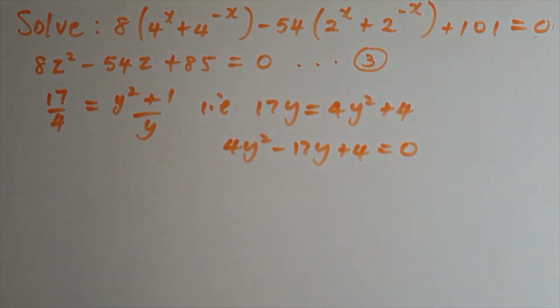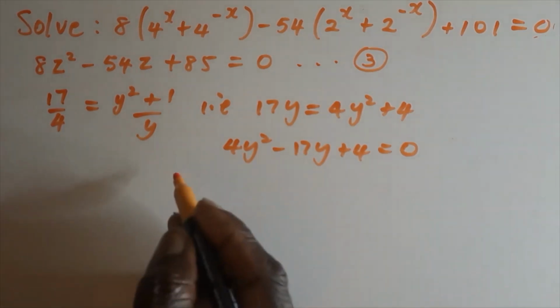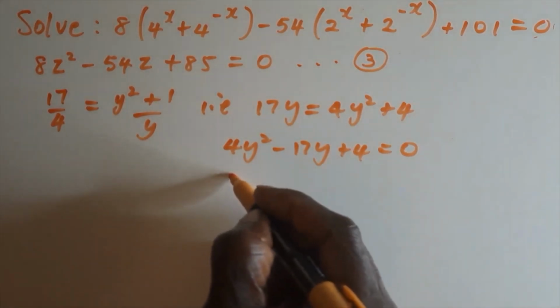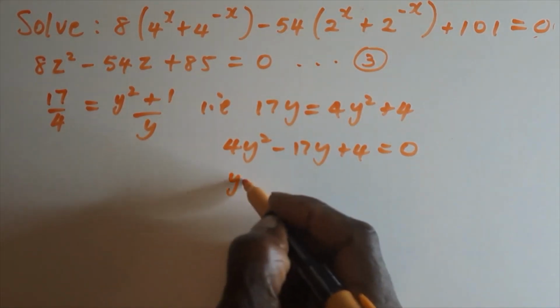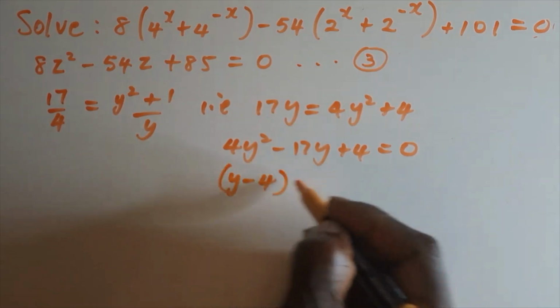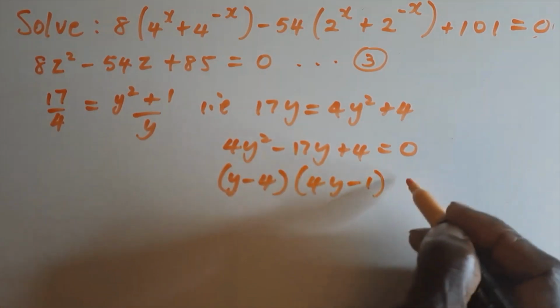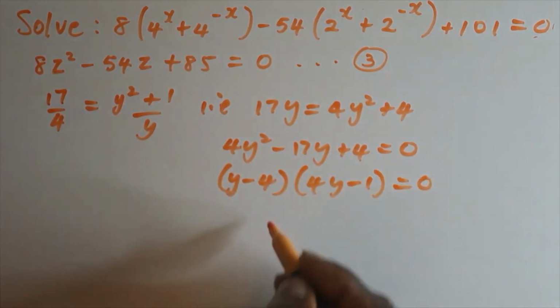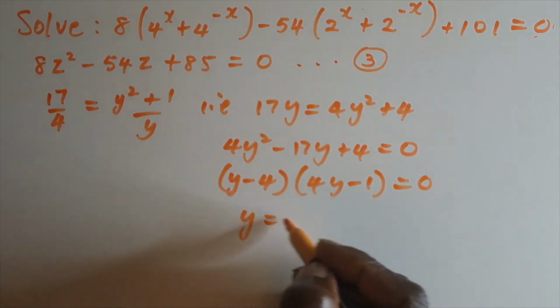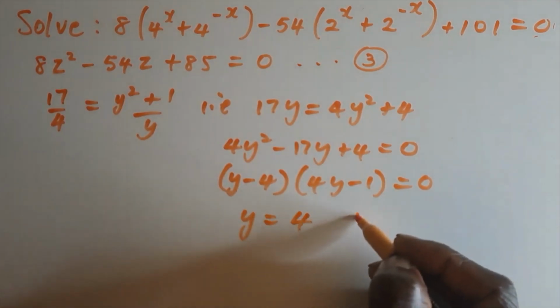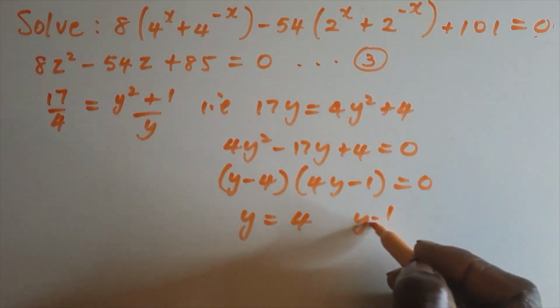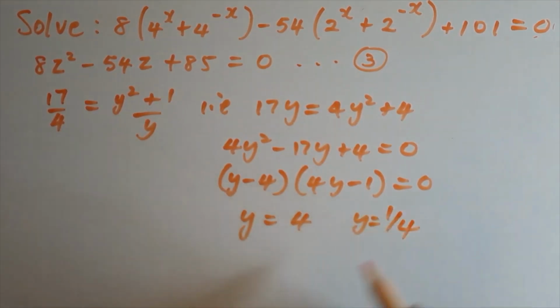Now we're solving this quadratic in Y, which allows us to factorize it as Y minus 4 times 4Y minus 1 equals 0, which gives us Y equal to 4 and Y equal to a quarter.